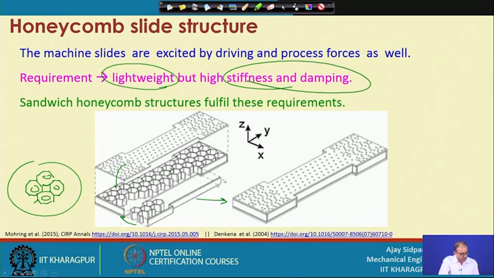Now you might have seen this type of structure in packing, because when you pack any very sophisticated or very sensitive instrument, at that time from the outer side you put this type of box. It is mostly a foam honeycomb structure, foam with honeycomb structure.